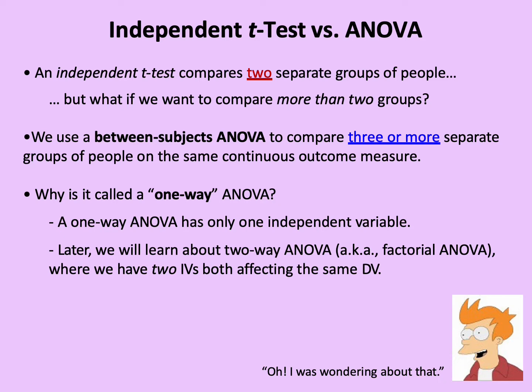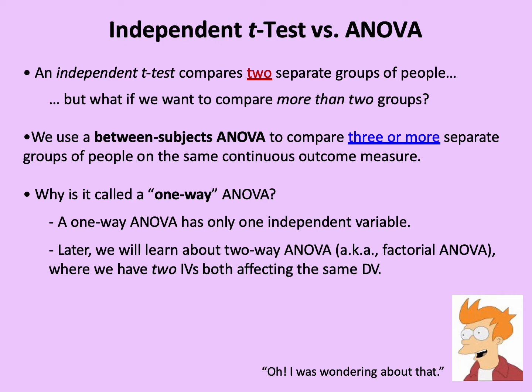But it is possible to conduct what's called a two-way ANOVA, where we actually have 2 independent variables that are both affecting the same dependent variable. We'll talk about that next. But for now, we're going to focus on a one-way ANOVA where we have 3 or more separate groups of people, a single independent variable affecting one dependent variable.